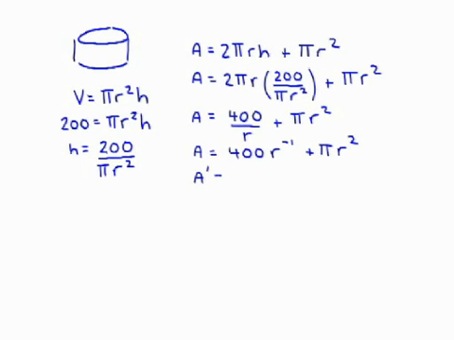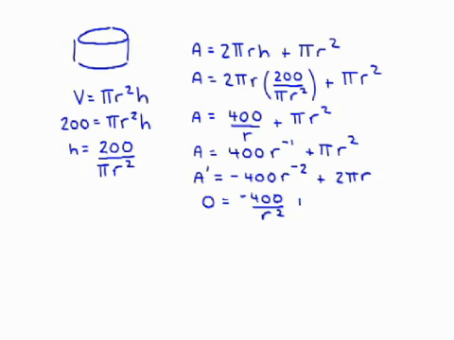So A prime is going to be equal to negative 400 r to the negative 2 plus 2 pi r. I set that derivative equal to 0, and instead of stating negative 400 times r to the negative 2, I can express it as negative 400 divided by r squared, and I add to that my 2 pi r.